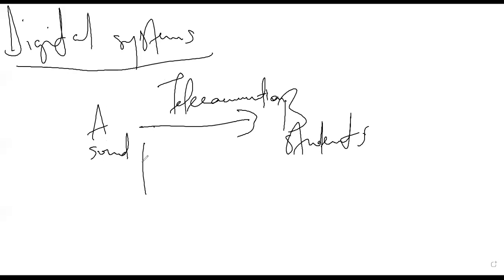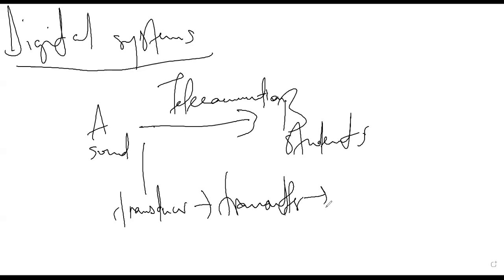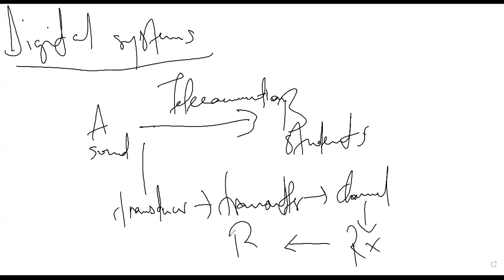We have a transducer. We have a transmitter. We have a channel and receivers. Then we have point B here. So from point A, we have sound, which goes into the transducer.